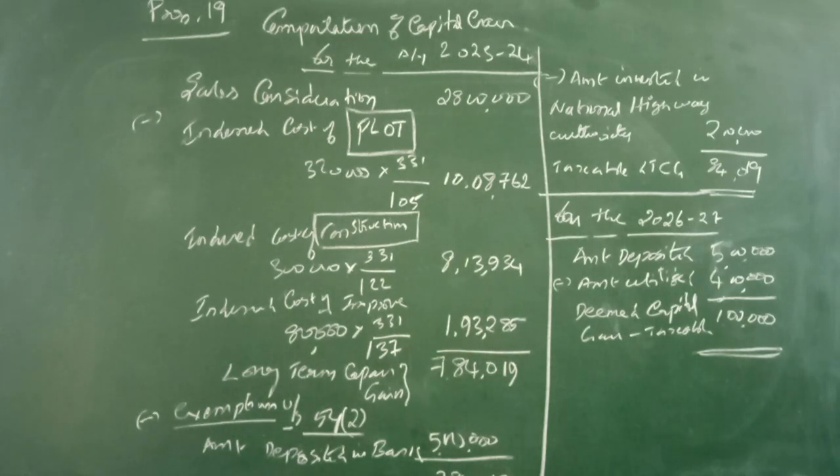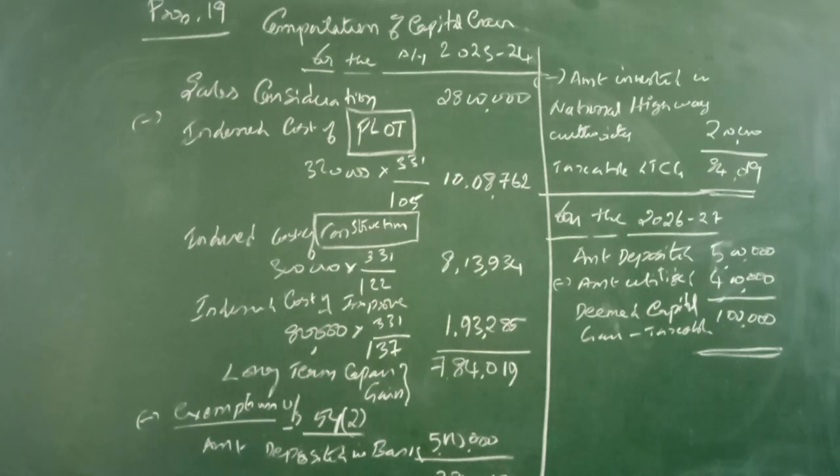So 80,000 into 331 divided by 137. So we have to calculate the indexed cost of the plot, the indexed cost of construction, and the indexed cost of improvement. All the three things should be deducted from the sales consideration. The balance is long-term capital gain. Up to this point, no problem. You are well aware of this.